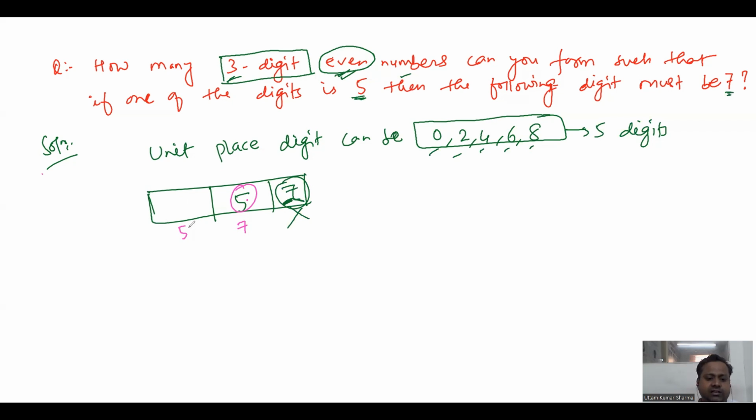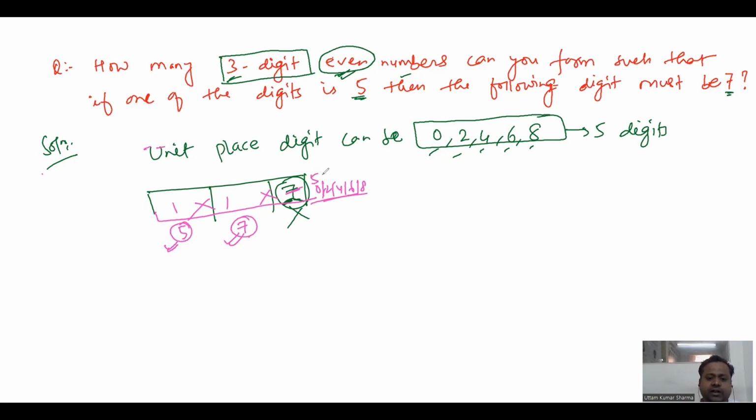Now let's understand how to solve it. First, when we take 5 at the hundreds place and 7 at the tens place, how many numbers can be formed? If we take 5 at the hundreds place, there is only one way, and 7 at the tens place, only one way. The unit place can be 0, 2, 4, 6, or 8, so that is 5 ways.